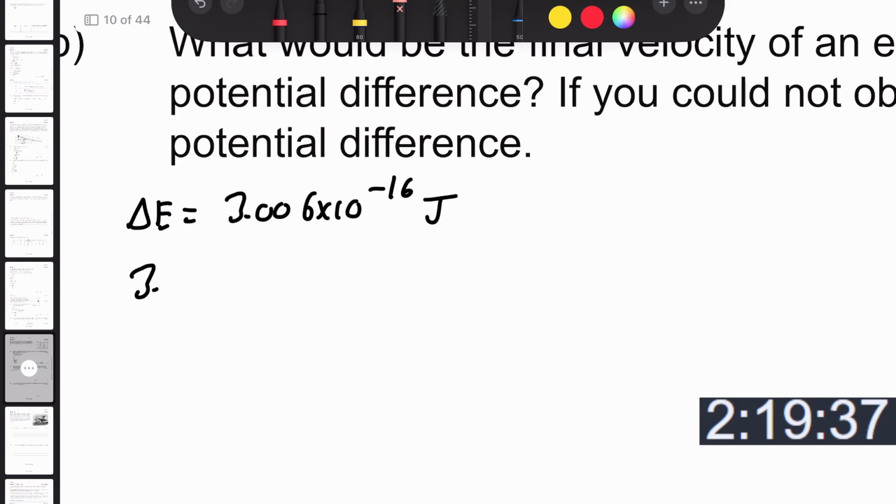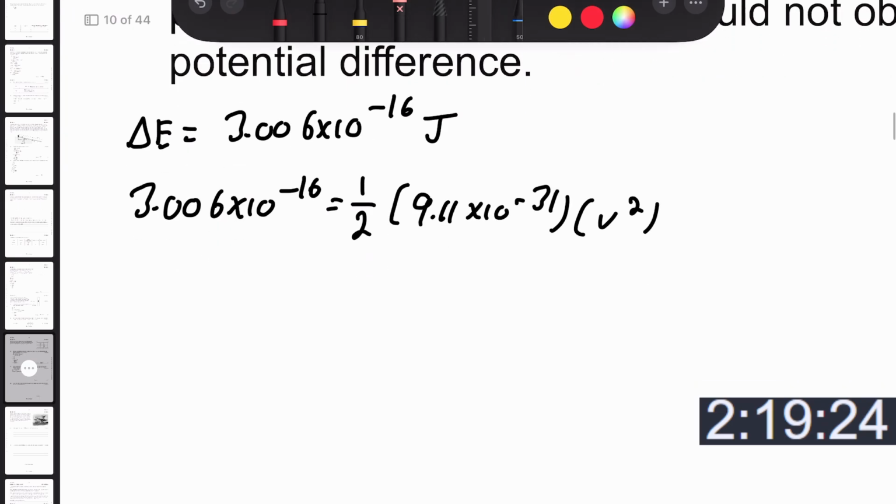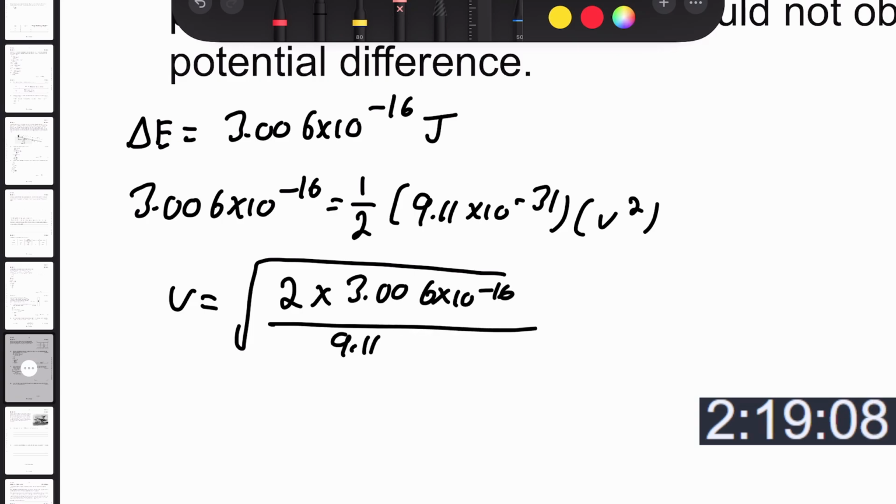So then 3.006 times 10 to the negative 16 is half of its mass, not 19, sorry, 31. It's v squared, so then v is equal to the square root of 2 times 3.006 times 10 to the negative 16, all over 9.11 times 10 to the negative 31.